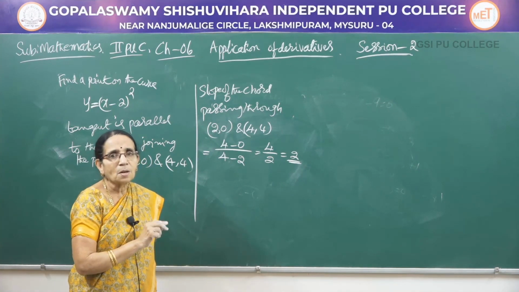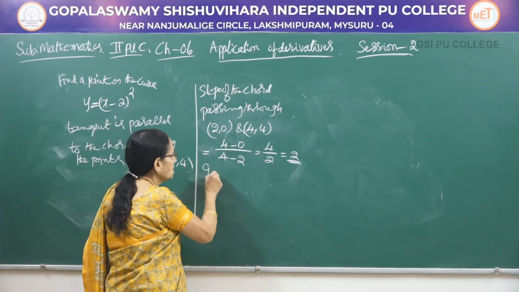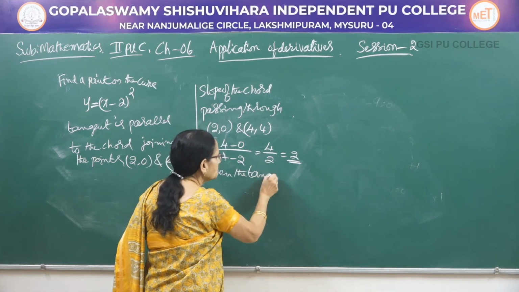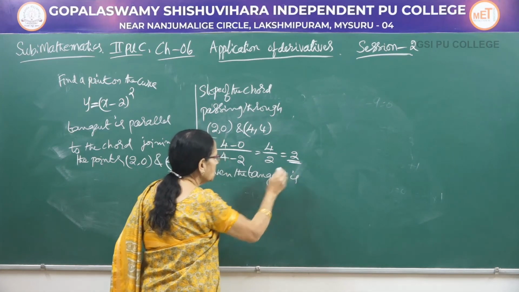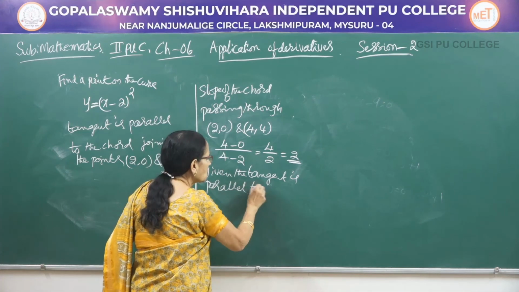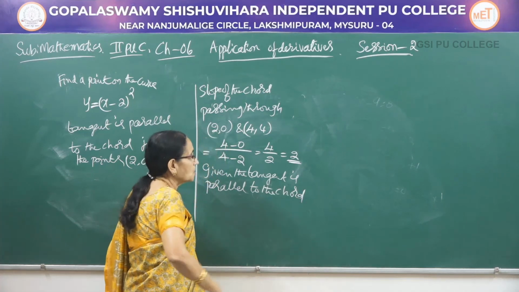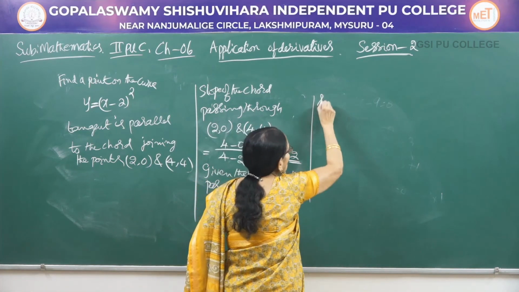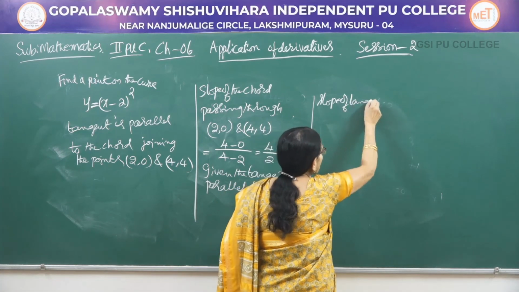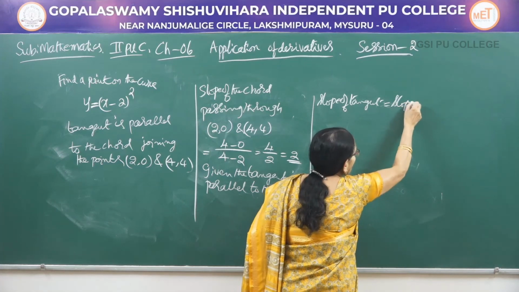But what is given? The tangent is parallel to the chord. So you write, slope of the tangent is equal to slope of the chord.